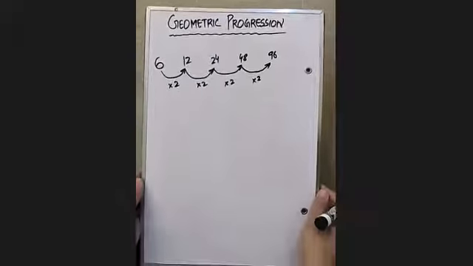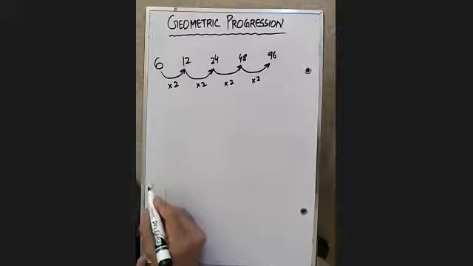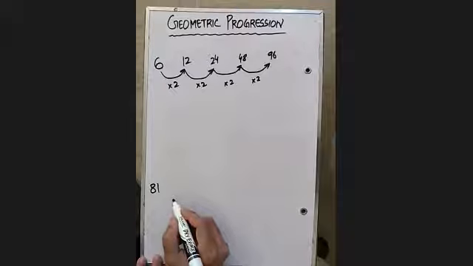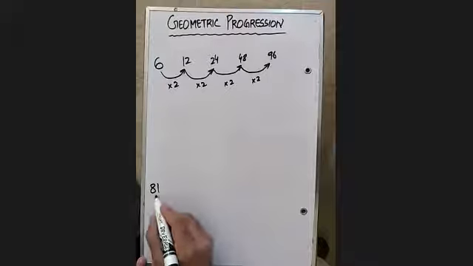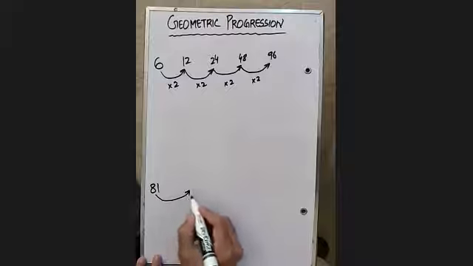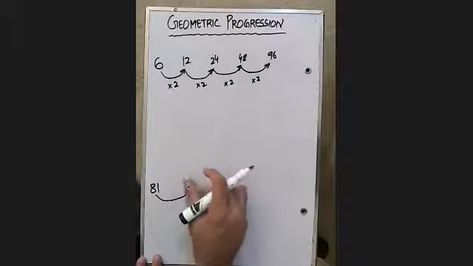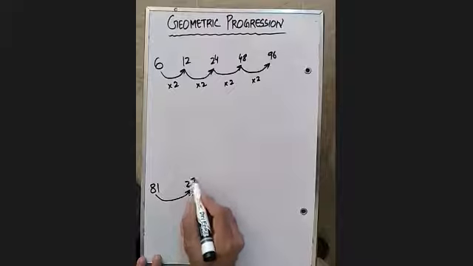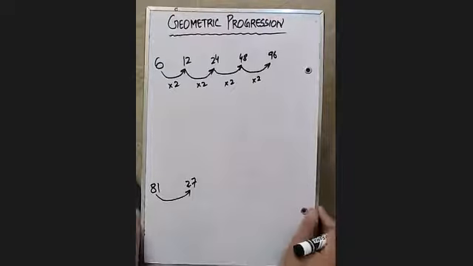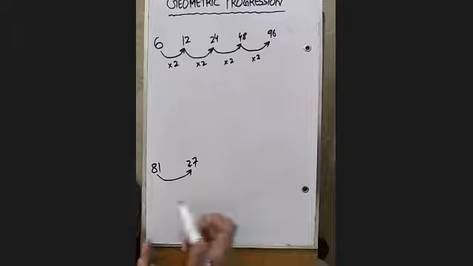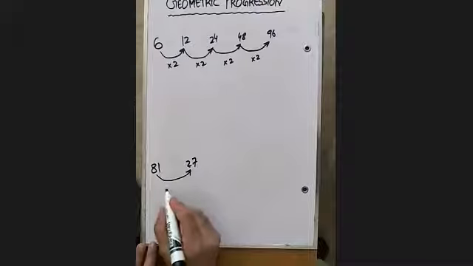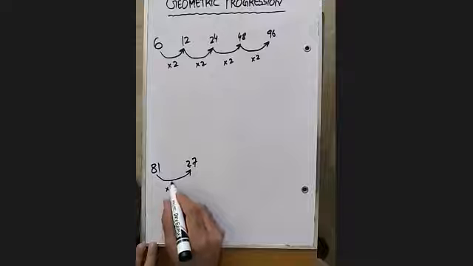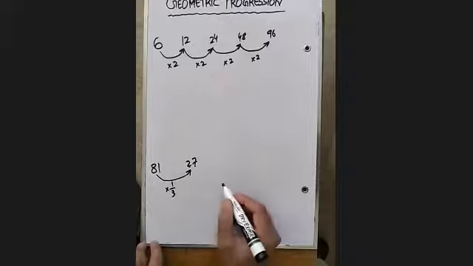Similarly, suppose we have a sequence here that is starting from 81. The next number of the sequence is 27. How will this happen? What I did here, I multiplied this by 1 upon 3.